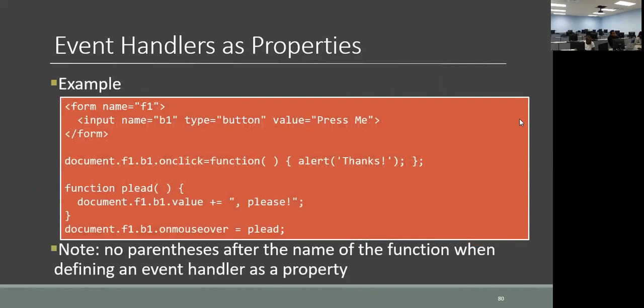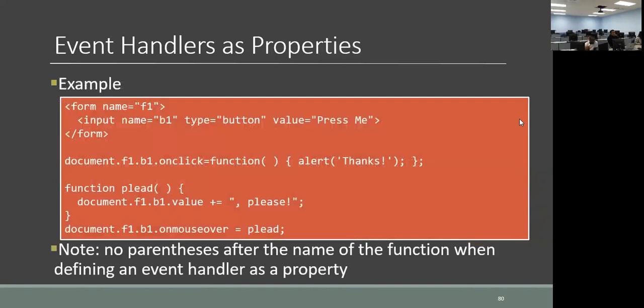We then define a function, because that's basically what we're doing in this line. The document.f1.b1.onClick, notice onClick right there is an event handler, which is also an attribute. But what we're doing is onClick equals function, and you see the function has no name. That's called an anonymous function.